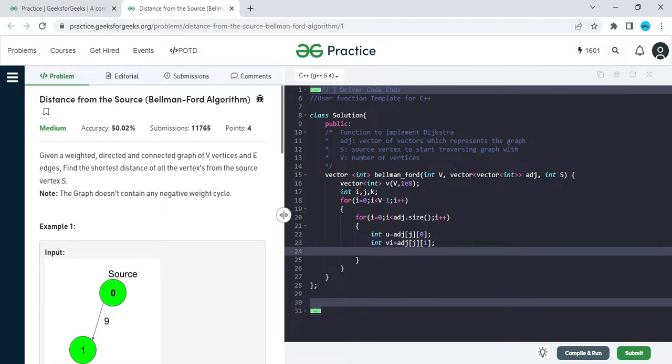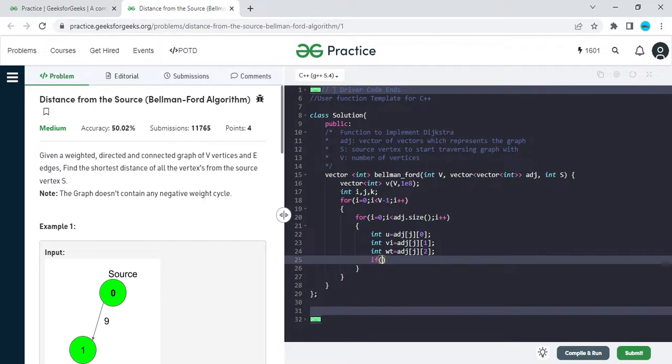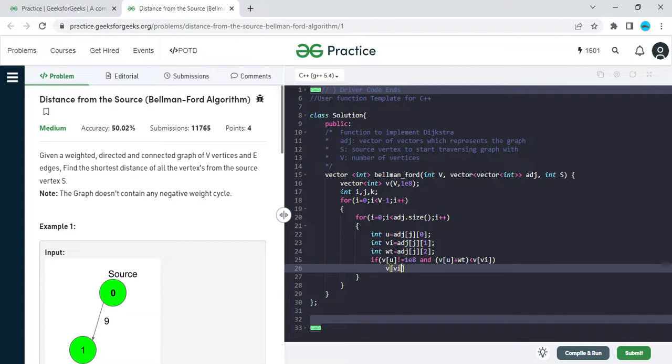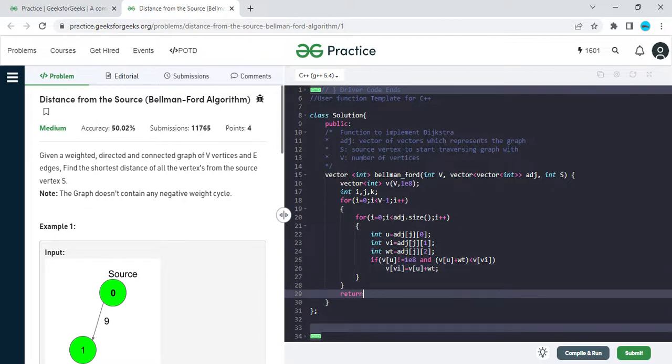It is the ending of an edge. And wt is the weight of the edge, adj of j of 2. Now, if V of u is not equal to 1e8 and V of u plus wt is less than V of vi, then V of vi is equal to V of u plus wt. And here I will return V.